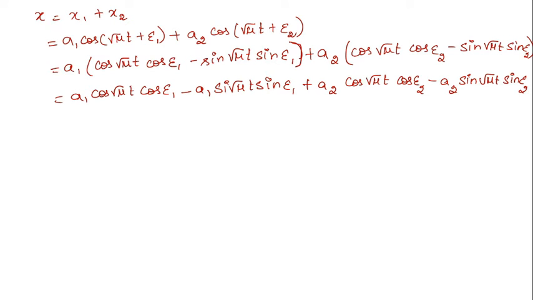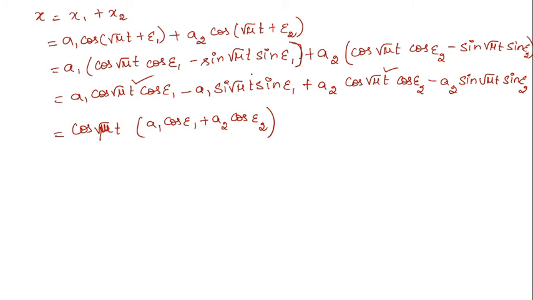So we can write it as a combination, because cos root mu t is common in these two terms. When I take it outside, it will be cos root mu t into A1 cos epsilon 1 plus A2 cos epsilon 2.